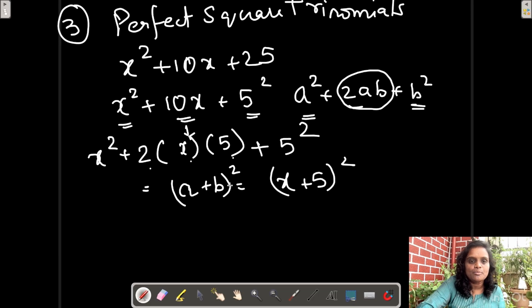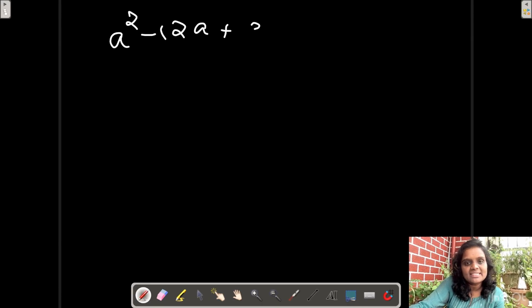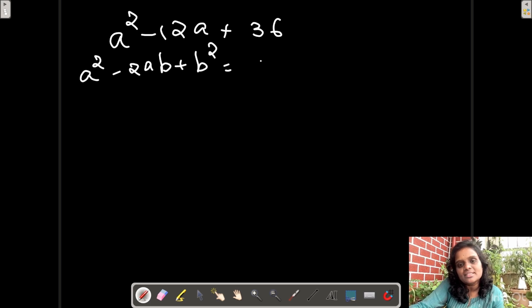Now let's take one more example for the same: a square minus 12a plus 36. Which identity is this similar to? It is similar to a square minus 2ab plus b square, that is a minus b whole square.